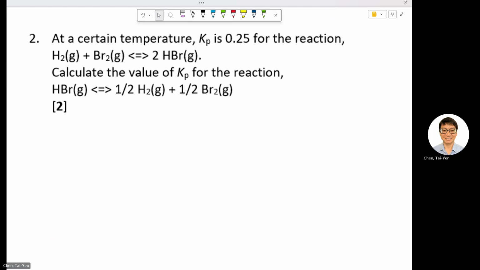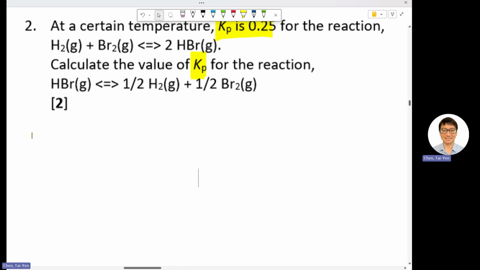So you're trying to figure out the new Kp. It gives you a Kp for one equation, asking for the Kp of the other equation. This is what we just talked about: how to calculate the new equilibrium constant from the old one. So how do you do this?